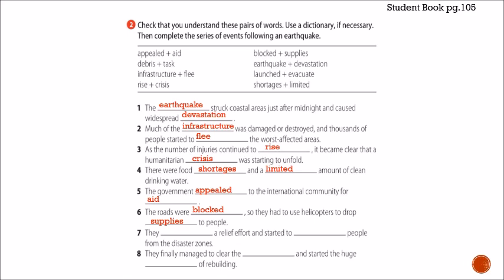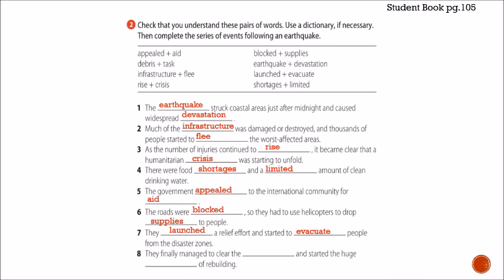Number 7, they blank a relief effort and started to blank people from the disaster zones. So a relief effort, they launched, which means they released an effort and started to evacuate people from the disaster zones.